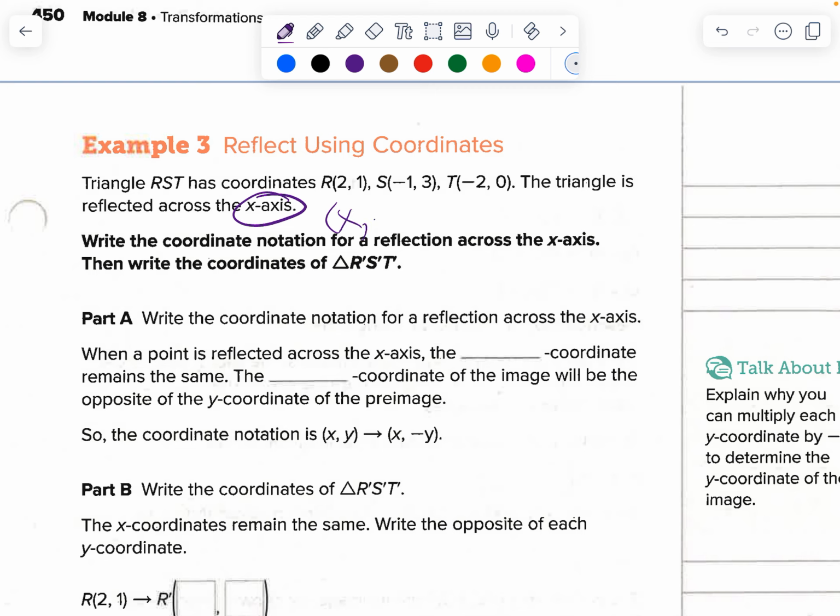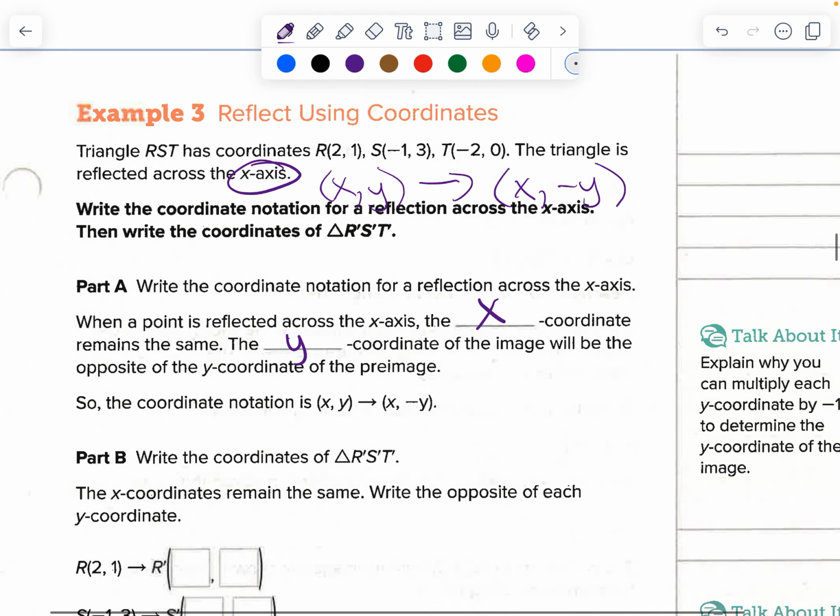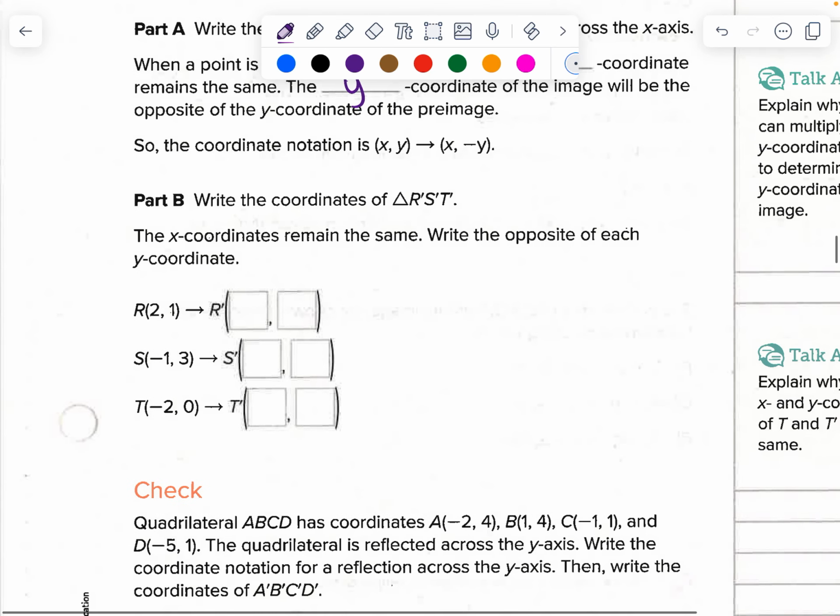So that means that the x stays the same, and the y is the opposite. The x stays the same, the y coordinate of the image will be the opposite. So x's are all the same: 2, -1, -2. The y values are the opposite: -1, -3, 0. Okay?